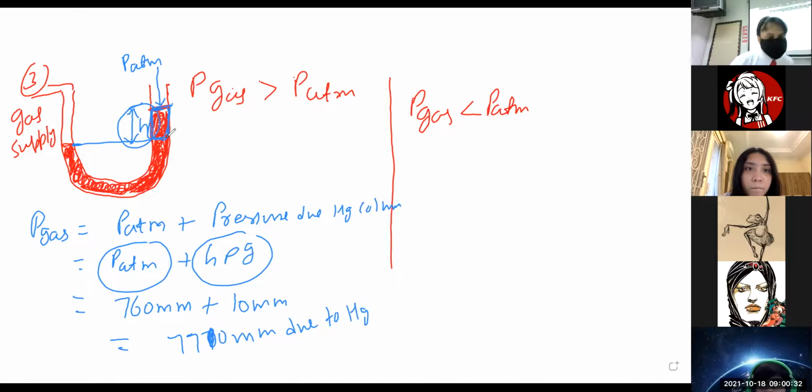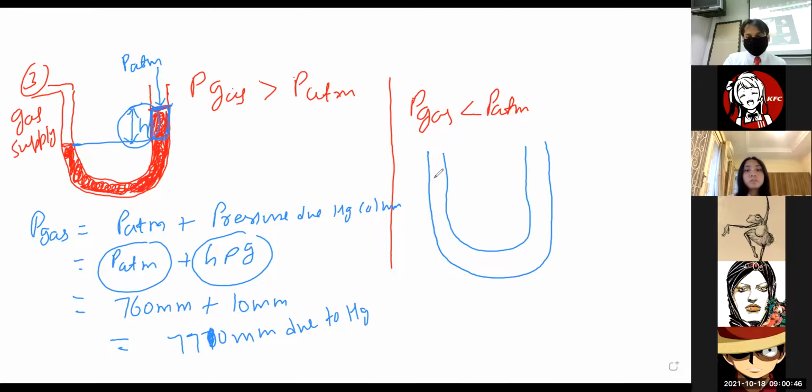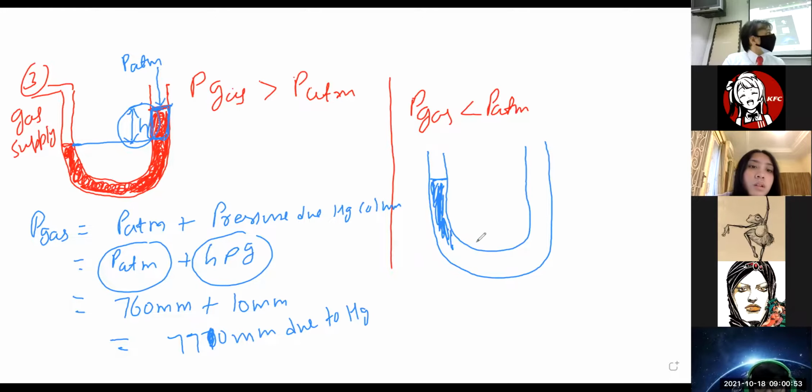So you can draw this diagram, and let me draw. Again, you practice drawing a U-tube. And finally, the mercury rises to this side, and so it will dip here.